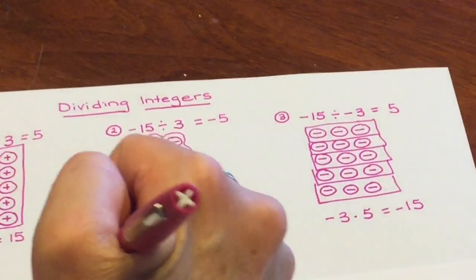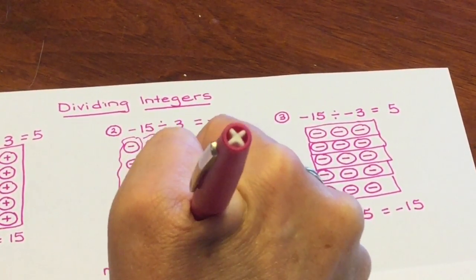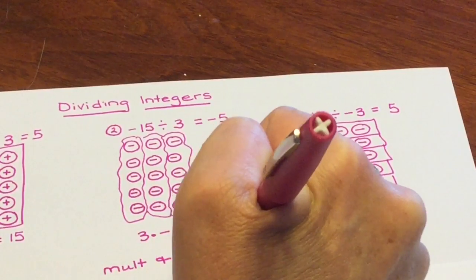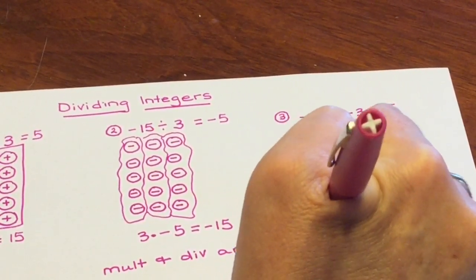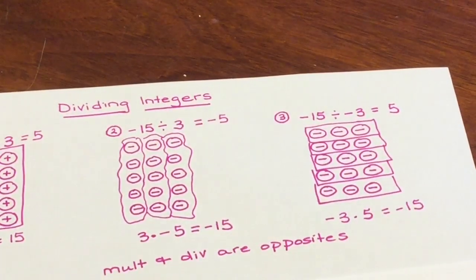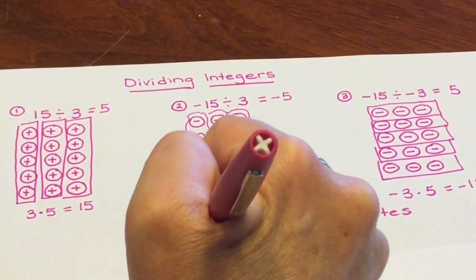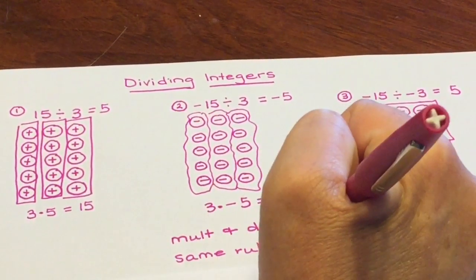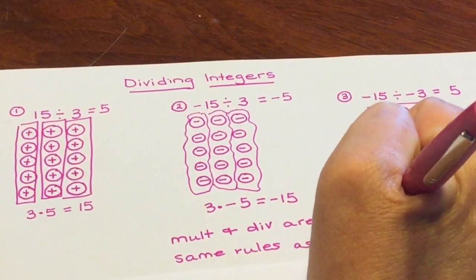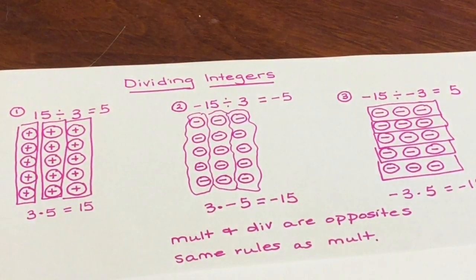Since multiplying and dividing are opposites, in this case their rules turn out to be the same. So we have the same rules as multiplying, and that makes it really nice and convenient when you go to remember this.